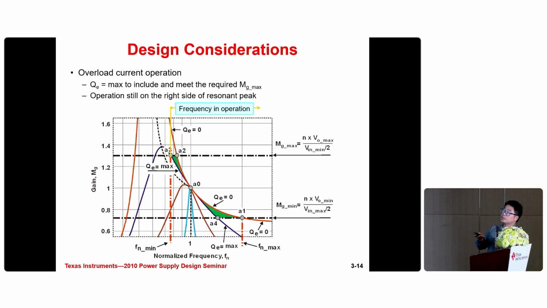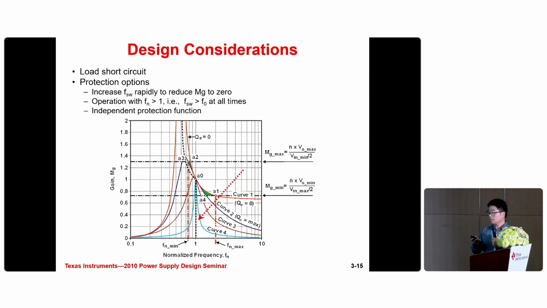We can choose the curve of the QE max, the QE at the overcurrent protection point. This will make sure the LLC operates at the right side.